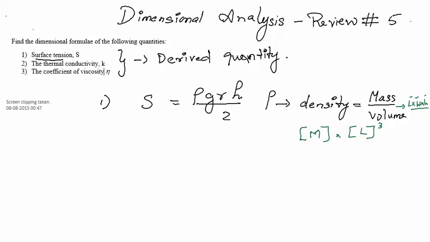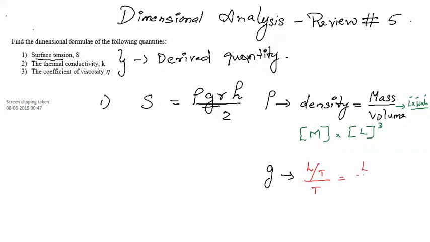Okay. So next up we have g, which is nothing but your acceleration due to gravity, and we know that acceleration is nothing but velocity over time, and velocity again, if you know your formula, you would know that velocity is nothing but distance divided by time, over time again.